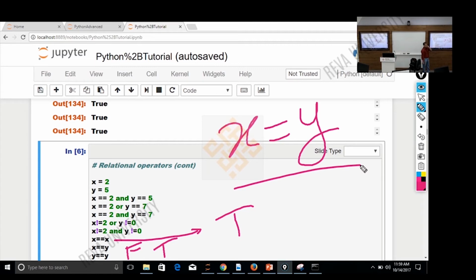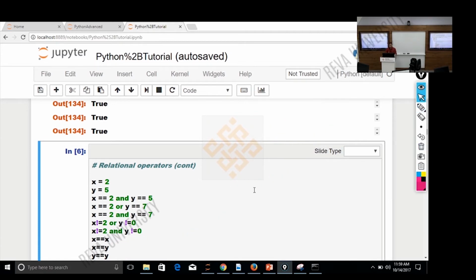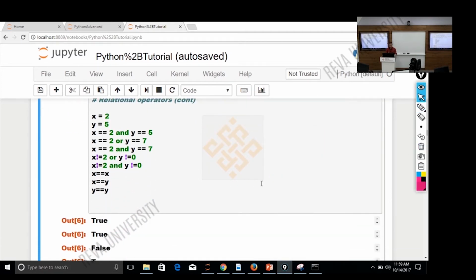If I'm saying X is equal to 2, what will be the value of X and what will be the value of Y? X will be 5, Y will be 5. Clear? Because I'm assigning the value of Y to X, the X value of 2 will be overwritten by the Y value, so X will become 5 and Y will continue to be 5. Clear? It's very important that you pay attention to this because that's how Python can trick you sometimes, right?